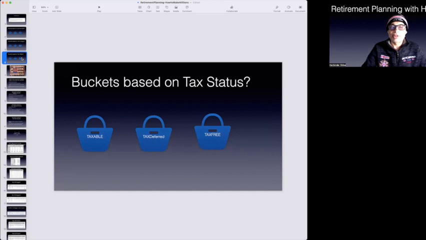Okay, so for this exercise, since we don't know exactly which bucket this total retirement account is, I will consider it as a mix of taxable and tax-deferred, which is normally the case for the majority of people.